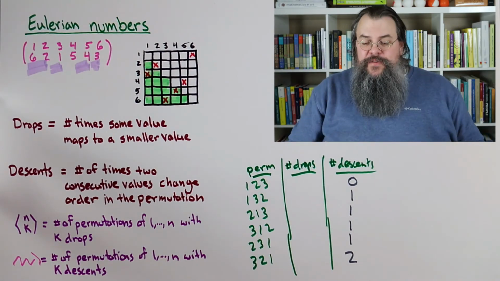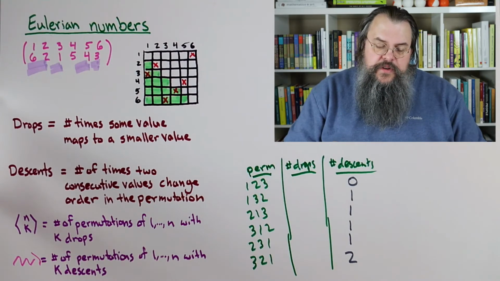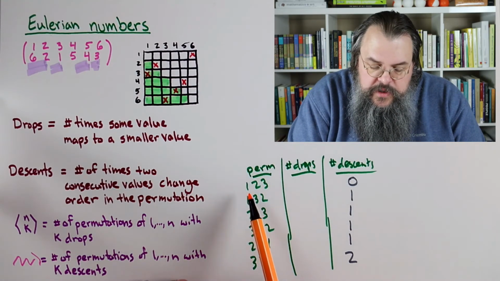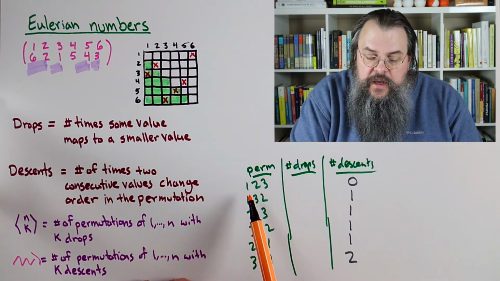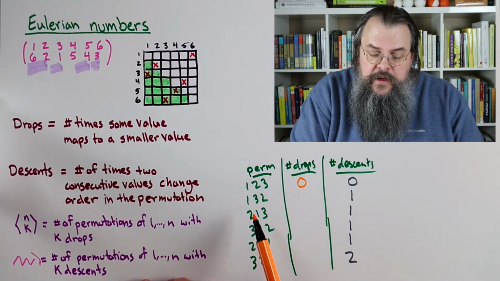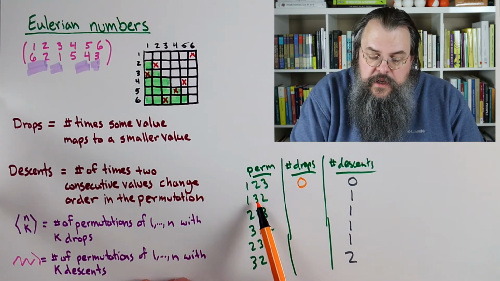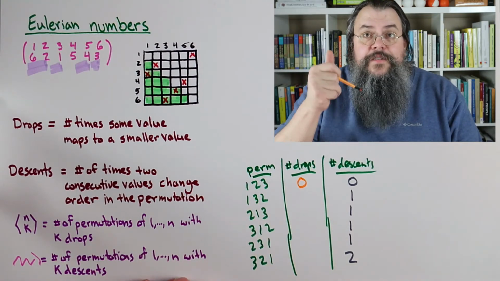How about drops? How do we figure that out? We just think about our positions, positions 1, 2, 3. We want to see whether anything is mapping to a smaller value. And the answer is no, not for the first one, so 0. Again, 1, 3, 2: now notice 2 going to 3 is not a drop, that's just going up.